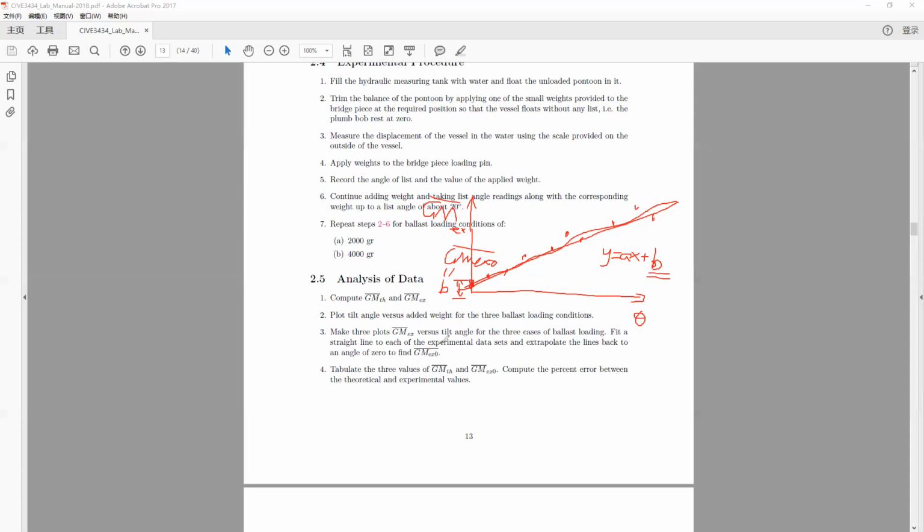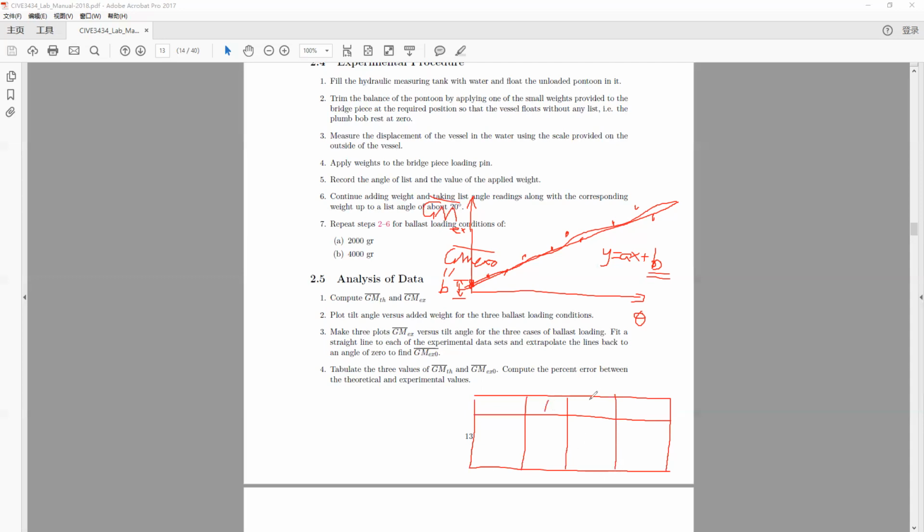So for each case, you have one GM experimental 0. So later you can have a table. That's the content of part 4. Basically, what I want is to make a table like that.